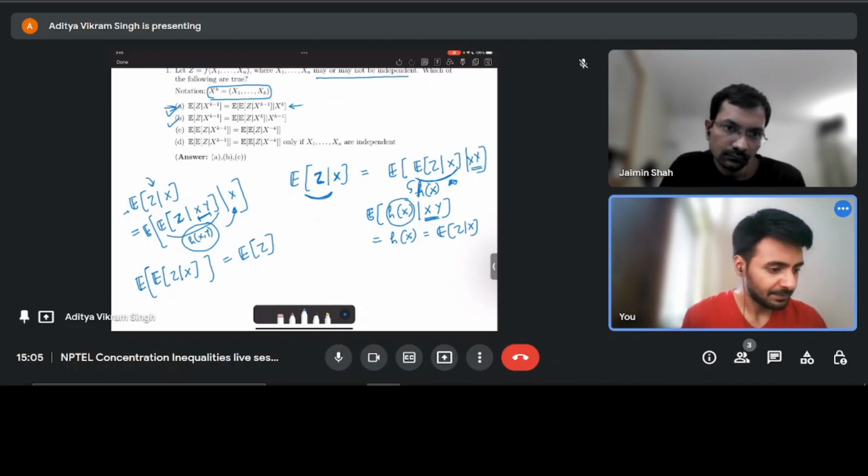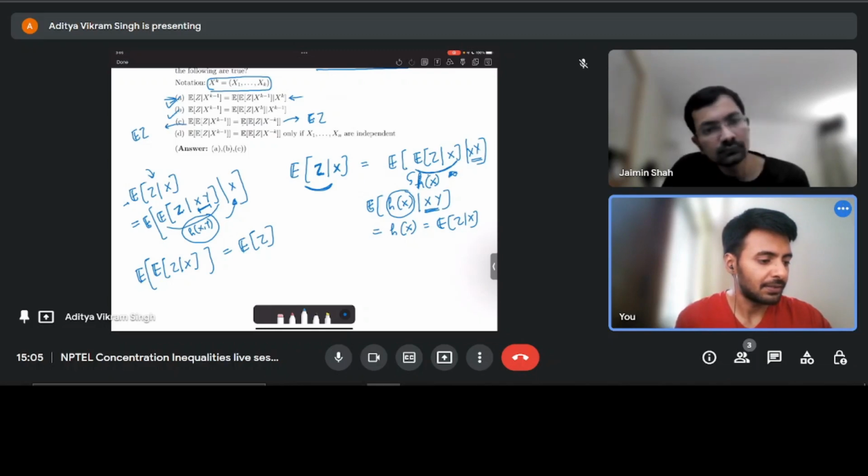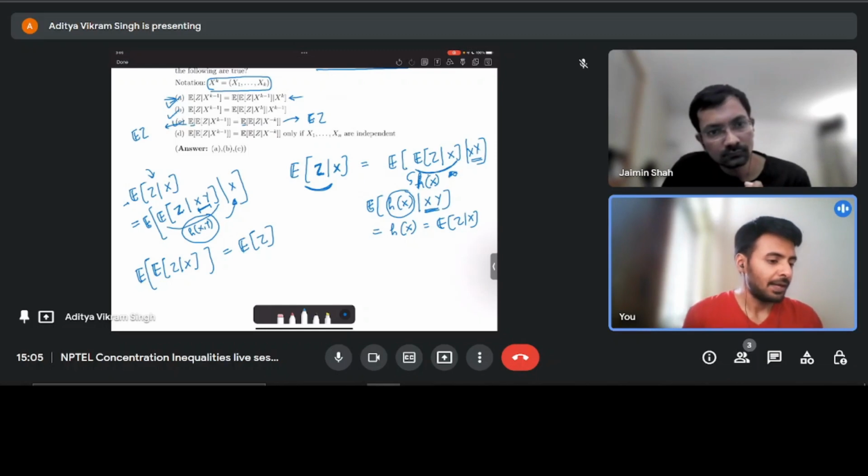Option C, LHS would just be expectation of z, and RHS would also just be expectation of z. It doesn't matter what conditioning you took earlier, because you took one more expectation outside, so C is also correct. And D is same as C, but it says only if x1 to xn are independent. So this is not correct. If it was "if", then it would have been correct, but since it's "only if", it isn't.